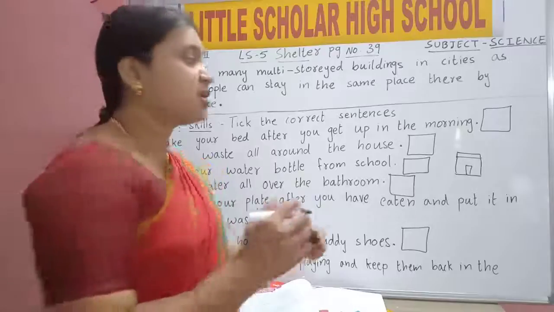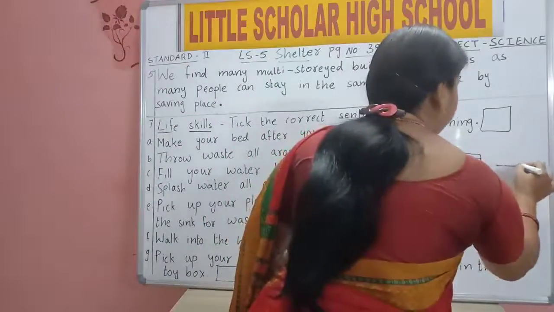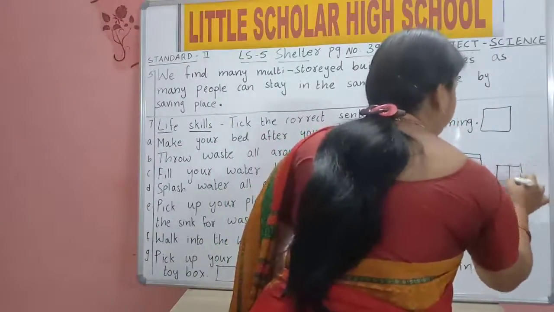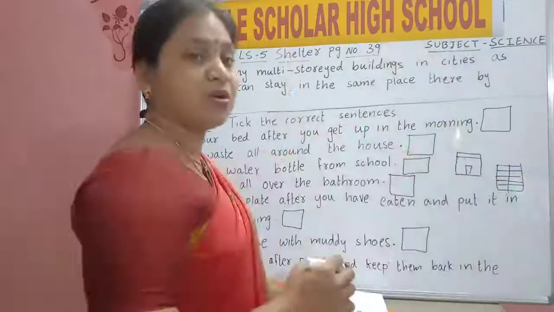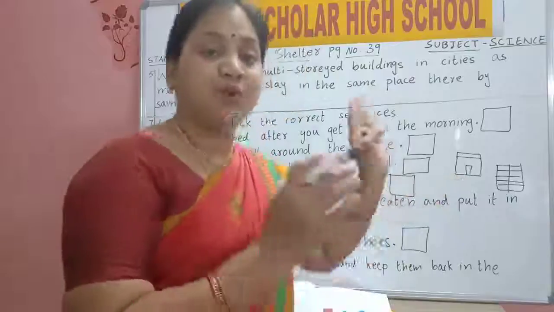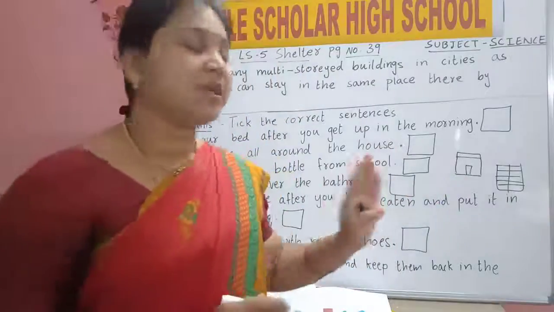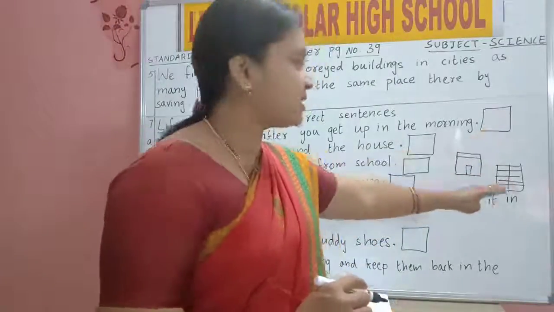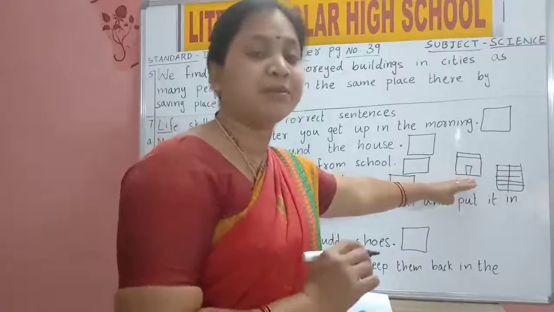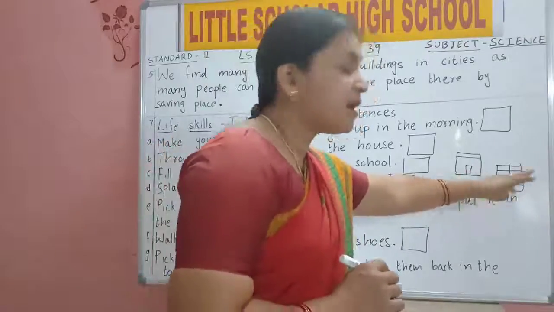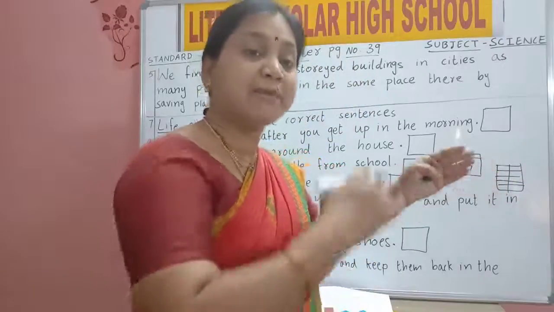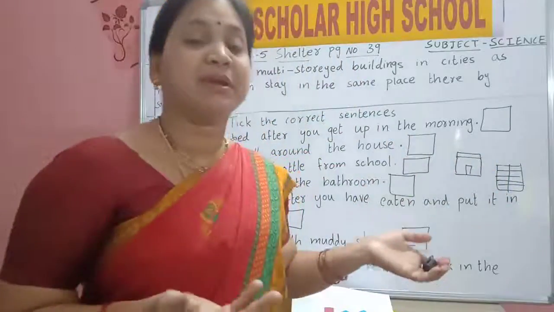But multi-storied means what? Like a box building with many houses. Yes, many houses will stay in one place only. Here in this place only one permanent independent house is built. In the same place they are constructing a multi-storied building, like an apartment.